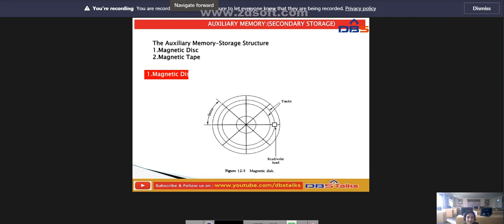Because the seek time is usually much longer than the transfer time, auxiliary storage is organized in records or blocks.